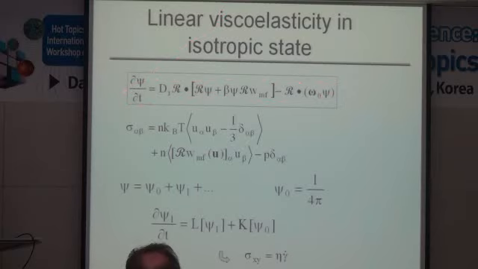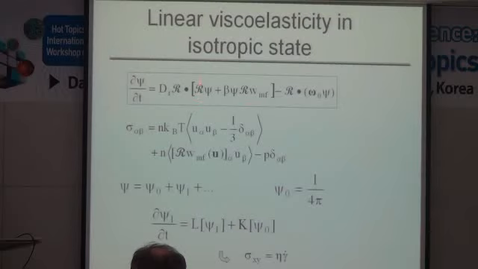I forgot to mention that if the interaction effect is non-negligible, we can include this term in the distribution function. The equilibrium solution of this equation has both isotropic and nematic solutions. If the concentration is low enough, the equilibrium solution is isotropic.